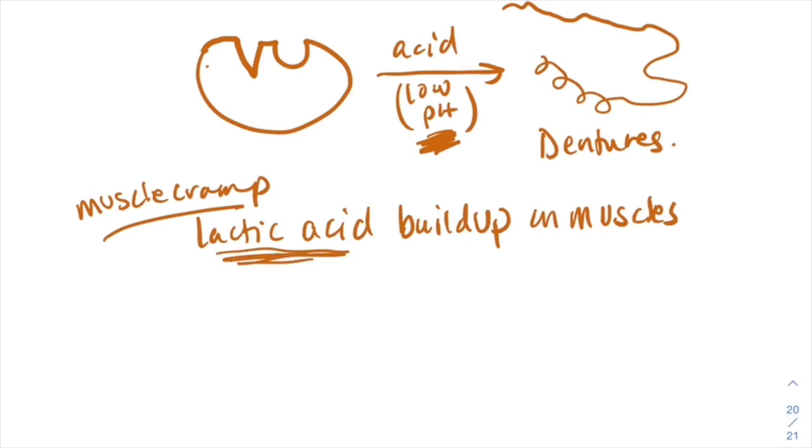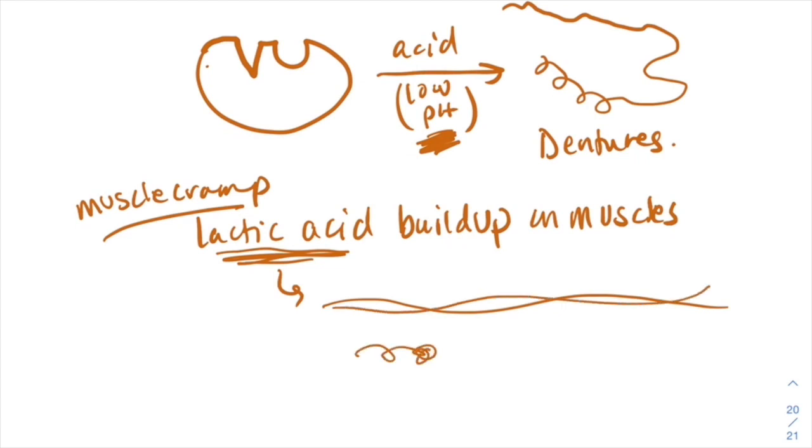Your muscles are muscle protein. The lactic acid denatures your muscle proteins very slightly. And when those muscles lose their shape, I mean, most muscle fibers are very long, fibrous muscles, if they lose their shape and feel like you have a little knot in your muscle, man, that muscle cramp will hurt.